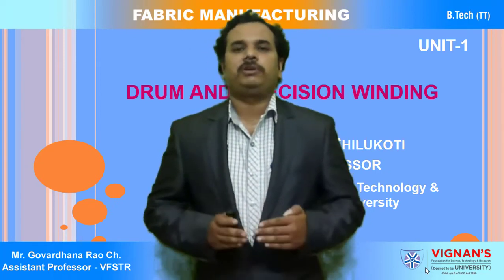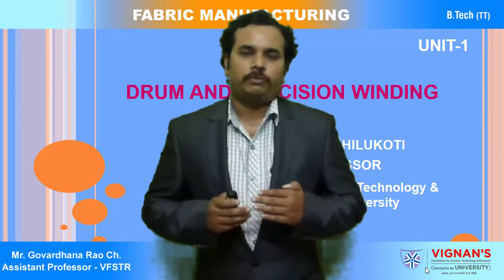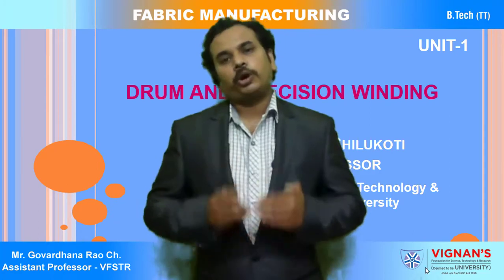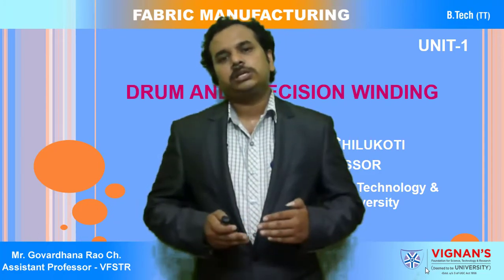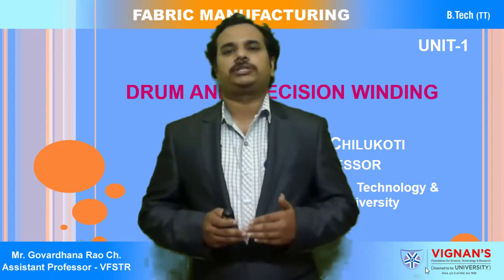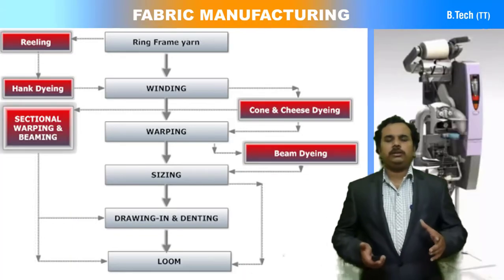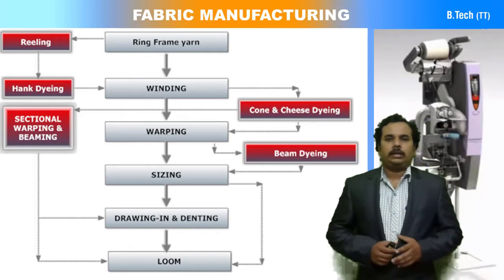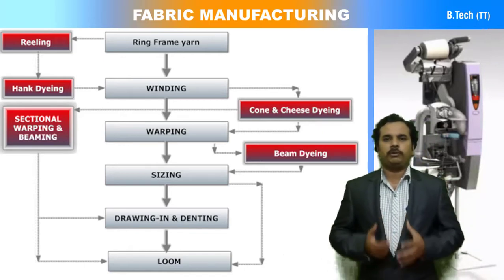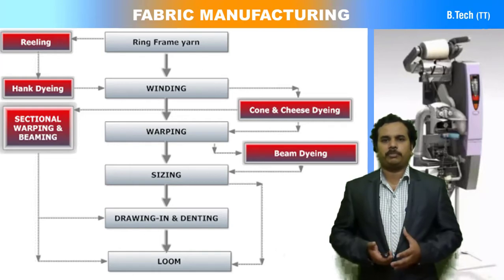Once again, let us look at the production process of woven fabric. The basic and first raw material for woven fabric manufacturing is the ring cop.